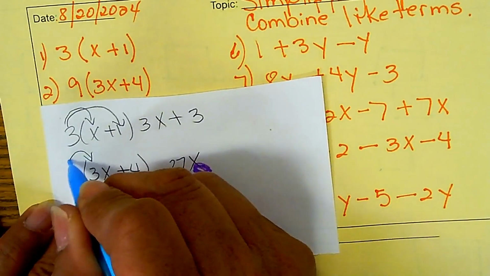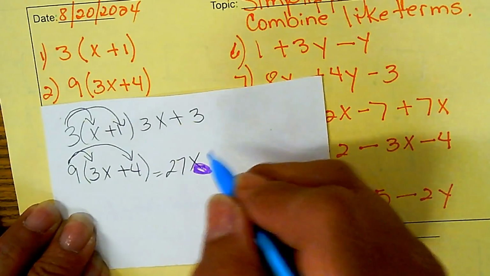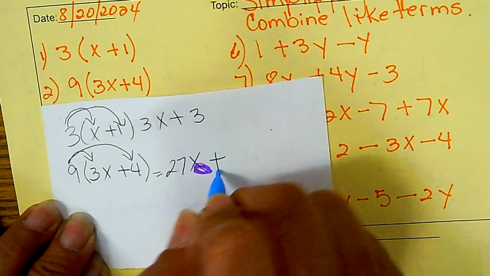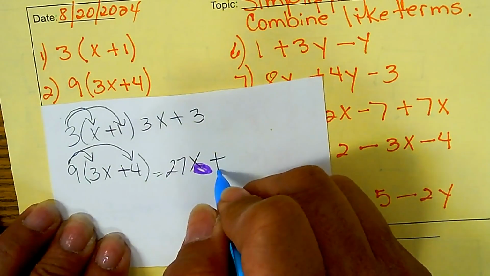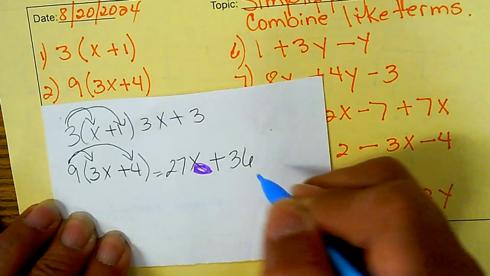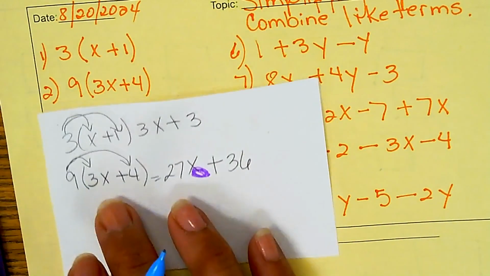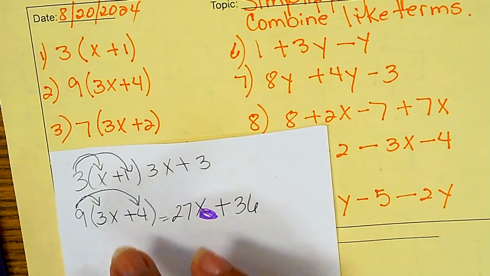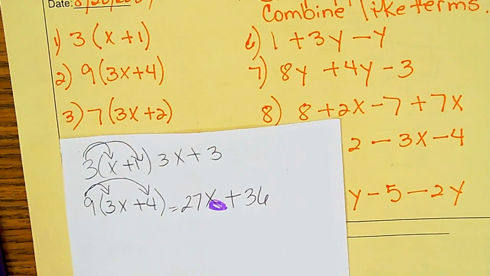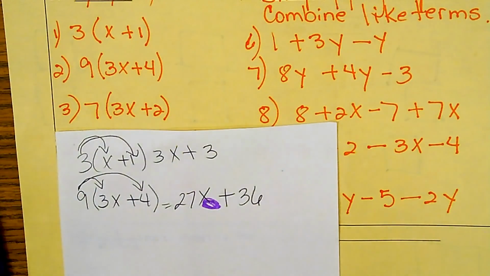And then the 9 times 4, we'll keep the plus sign, and that would be 36. So there's your answer. Does everybody see it? Do we have any questions?